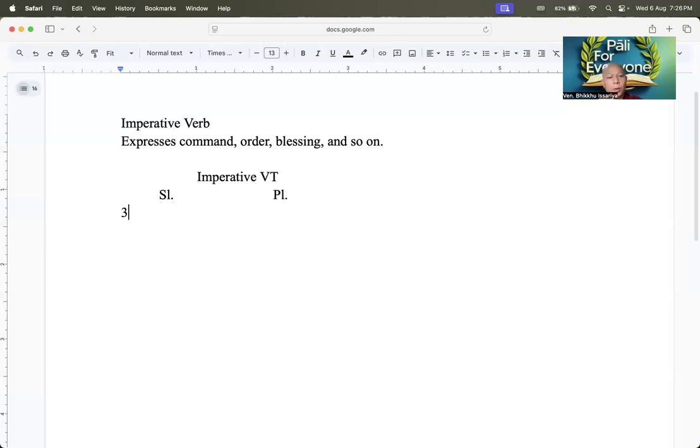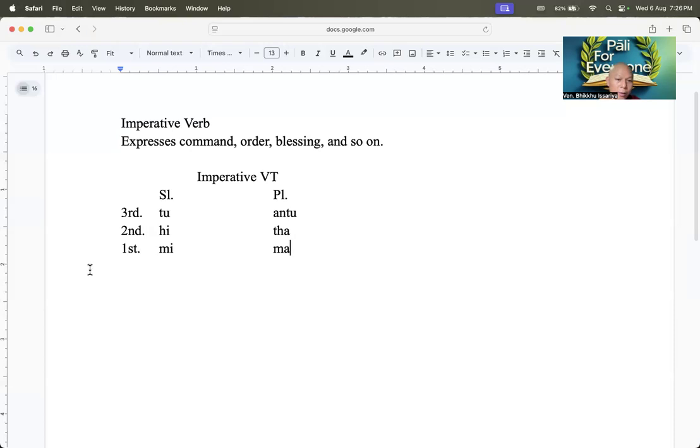The third person singular is do, but plural is and do. Okay, and the second person singular is he, but plural is ta. You see, that is the same as the present tense. And the first person singular is me, so plural is ma.